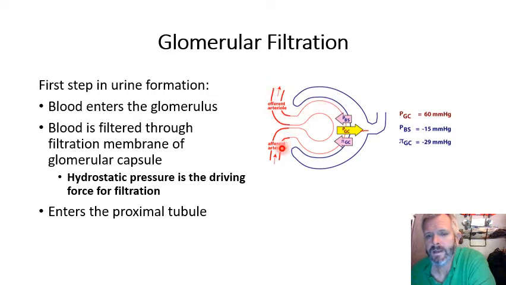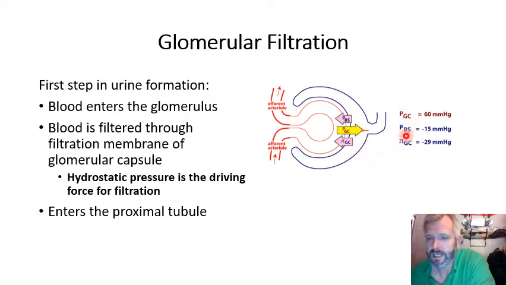Okay. And as it moves in here, there is pressure. There is hydrostatic pressure, a pushing force. Okay, there's pressure on there. It's going to push on here and can push fluid out into the Bowman's capsule. All right, so the P here is hydrostatic pressure.